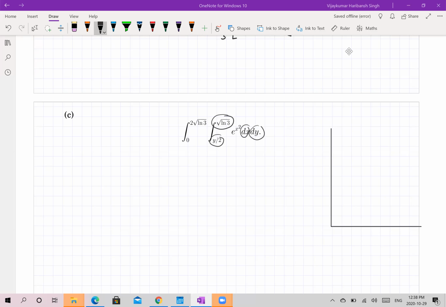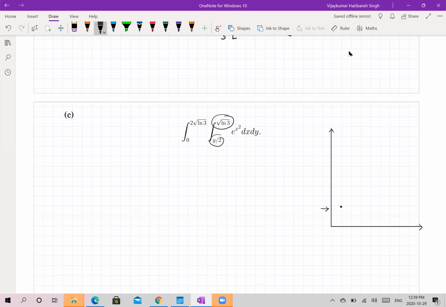So now here my x changes, so let me draw the region. In this case, we have x first. So you're doing x first, so you have to shoot an arrow parallel to the x-axis. So first it hits the line x equals to y by 2.